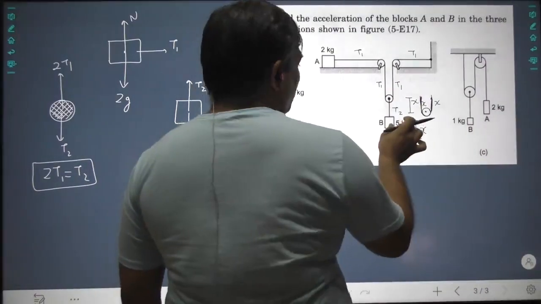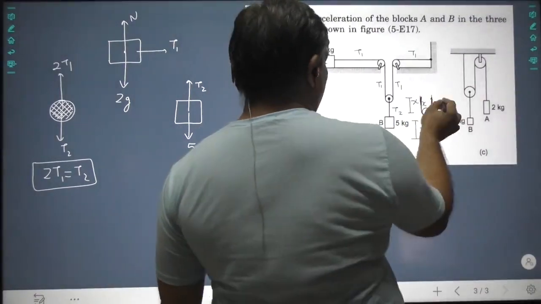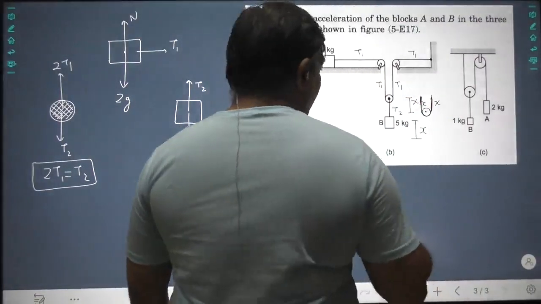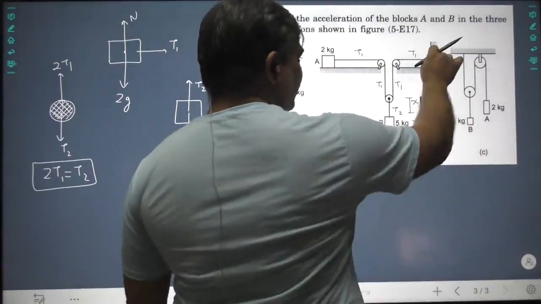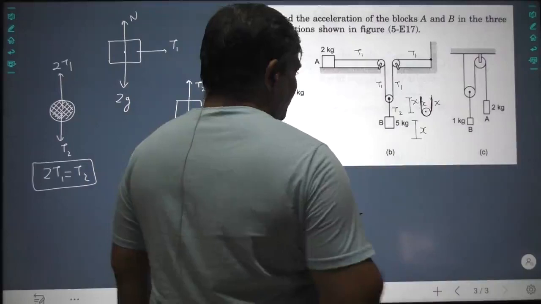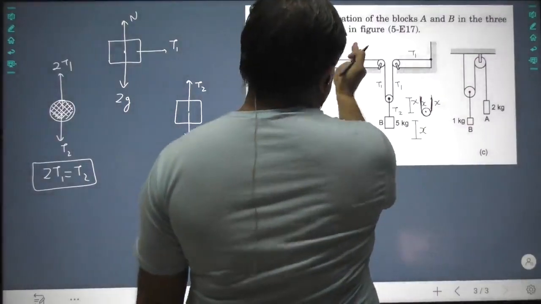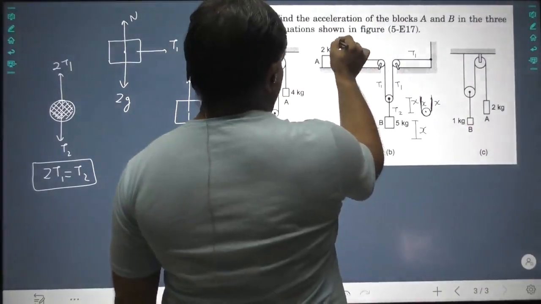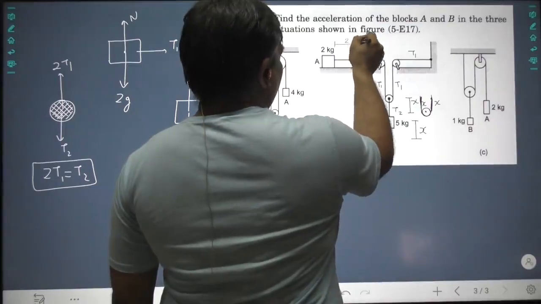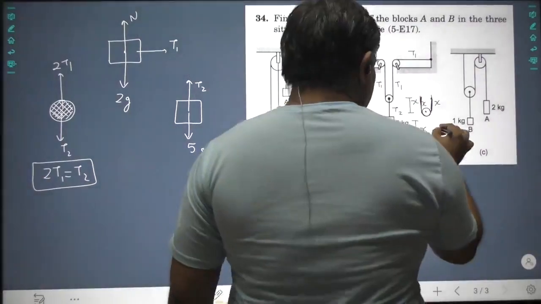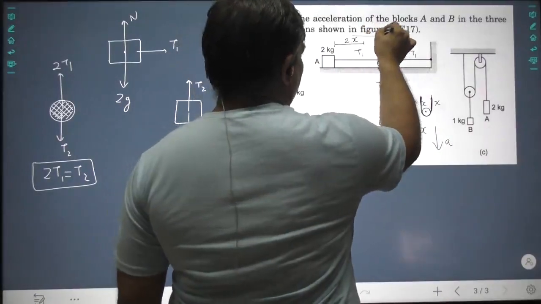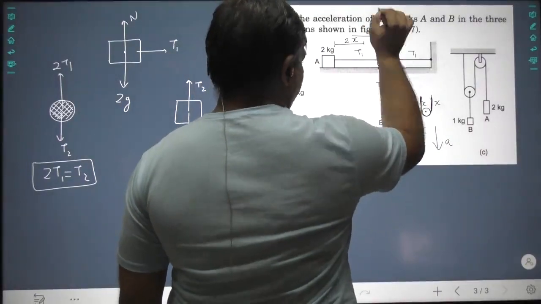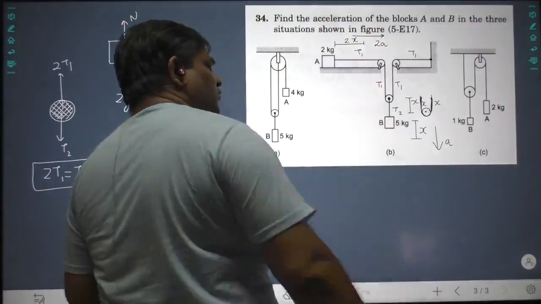The pulley will move down by X unit when we have 2X unit of rope. Now this is the tight end, this is the fixed end, and this is the free end. So the free end will move 2x. So I can simply say, if the acceleration of this is a, then the acceleration of this block comes out to be 2a. Is this thing clear to you all?